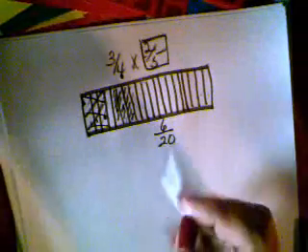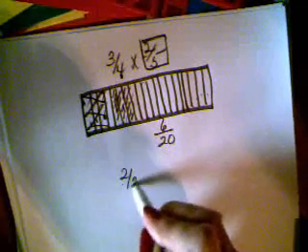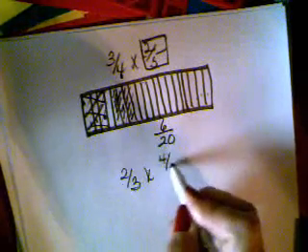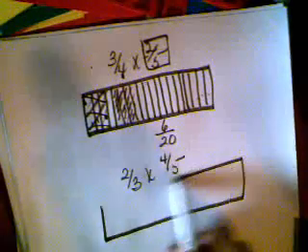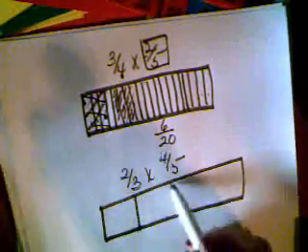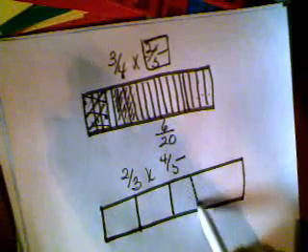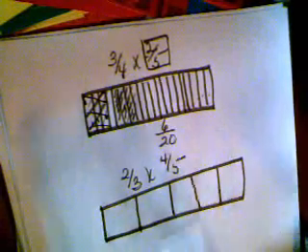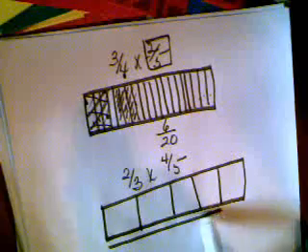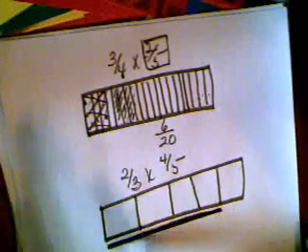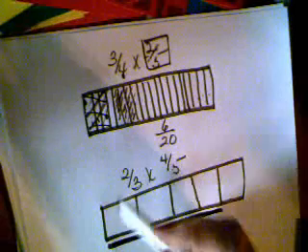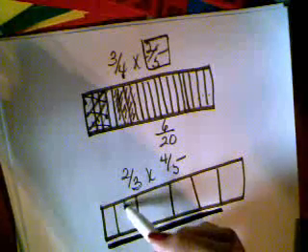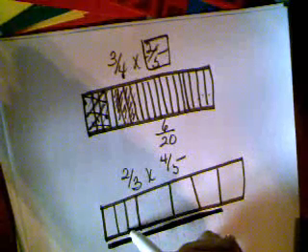Alright, let's do 2/3 times 4/5. So I'm looking at 4/5, which is here. And I'm going to divide each of these into thirds.